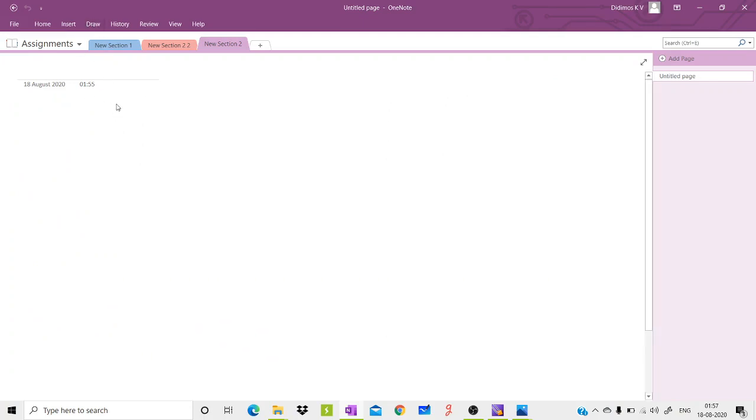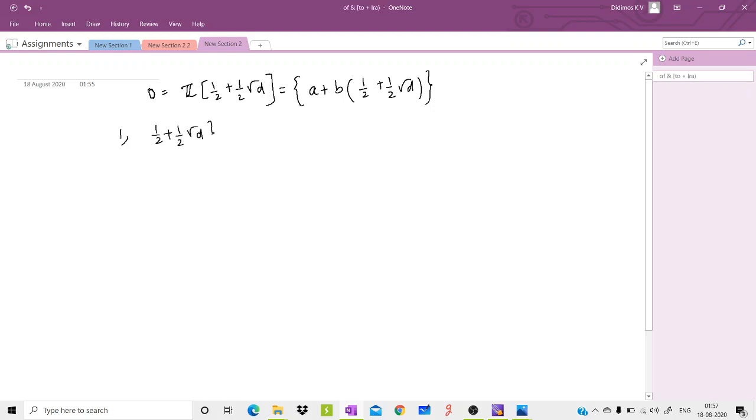First write O as Z of 1 by 2 plus 1 by 2 root d, the set of all a plus b times 1 by 2 plus 1 by 2 root d, where a and b are elements of Z. So clearly 1, half plus half root d is the basis for O. Using this we can get the basis for the ideal generated by alpha, which is alpha, alpha times 1 by 2 plus 1 by 2 root d.